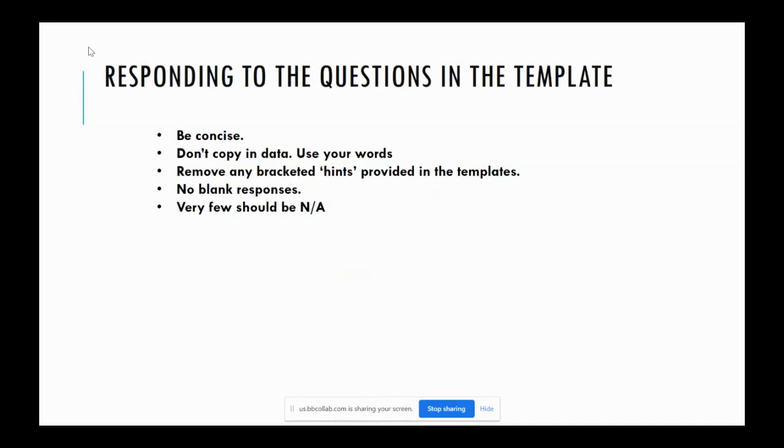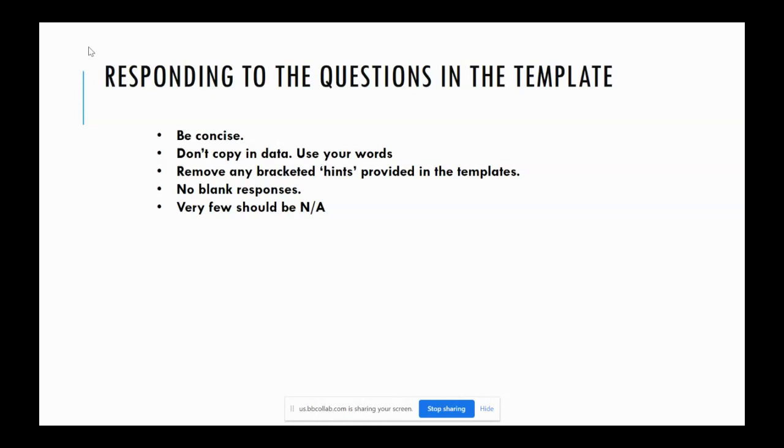Be concise in your responses. Don't copy in data, don't copy in tables. It's taking the data that you want and really verbalizing what you've been looking at. Some little small tables are okay, but don't be bringing into these cells a huge amount of data.